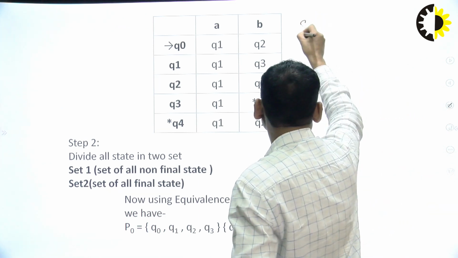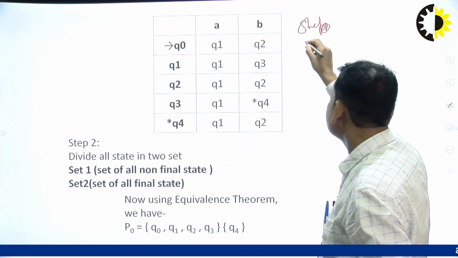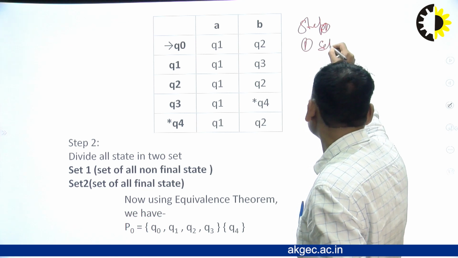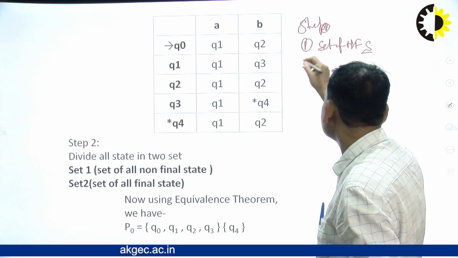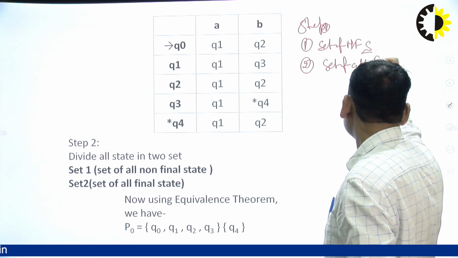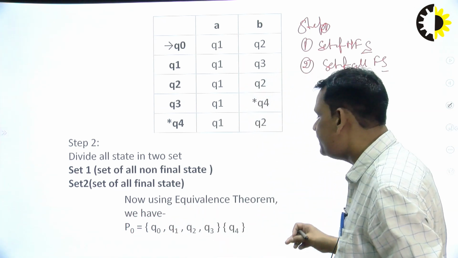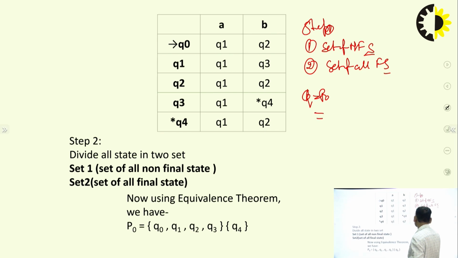Step number one: divide the states into two sets. First is the set of non-final states, and second is the set of all final states. By the equivalence theorem, P0 equals Q0, Q1, Q2 and Q3, and next Q4.